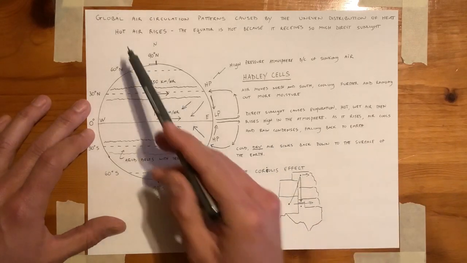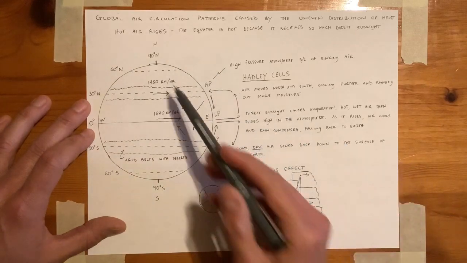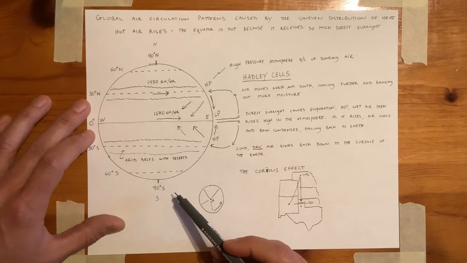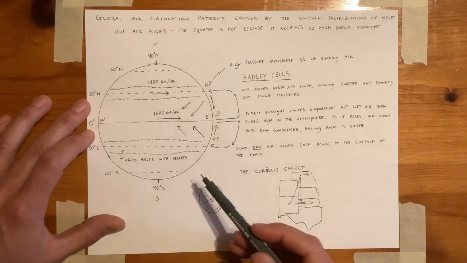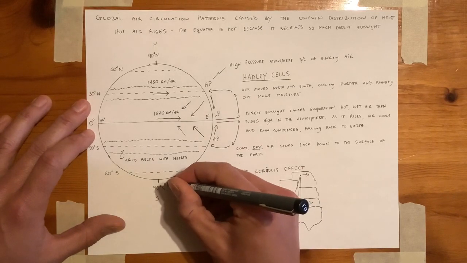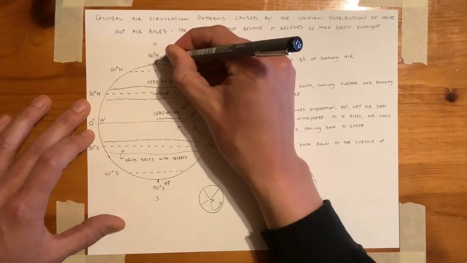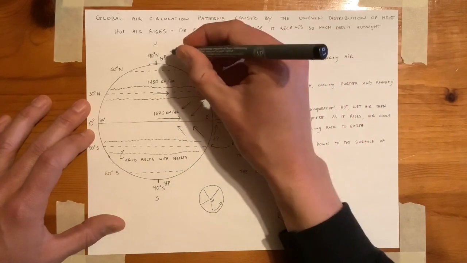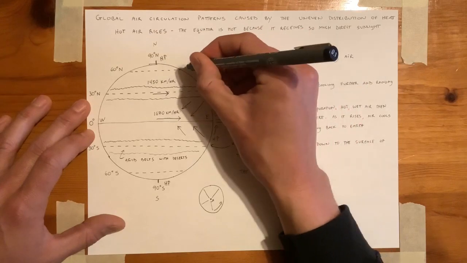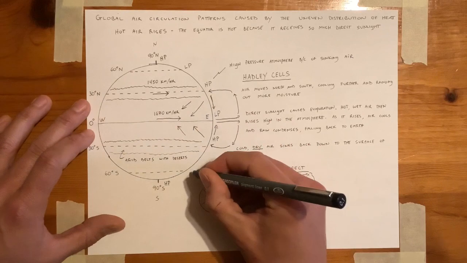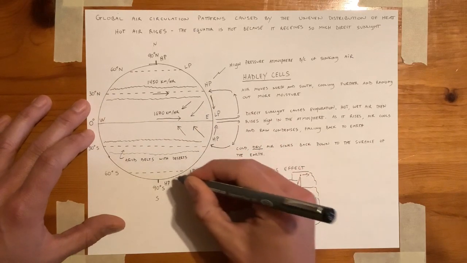So again, we know that hot air rises and cold air sinks. So at the North and South Pole, where the air is very, very cold, we have sinking air, right? So that causes high pressure at the poles, and then that moves towards an area of low pressure at about 60 degrees north and south, low pressure.